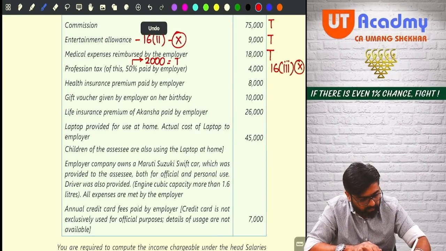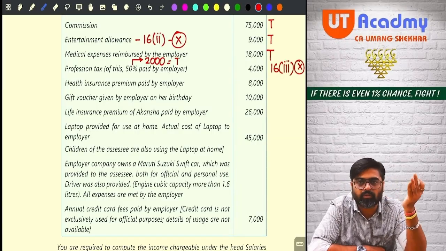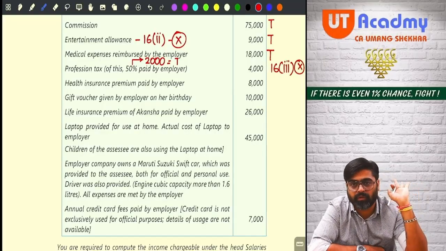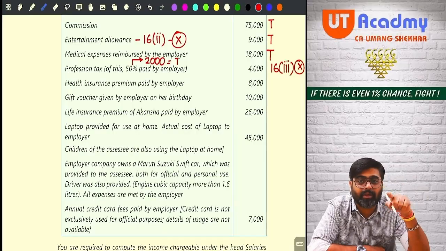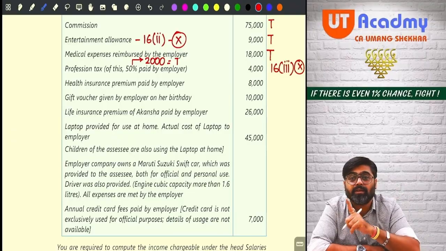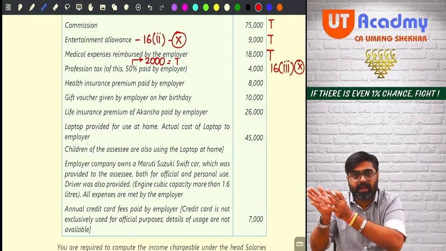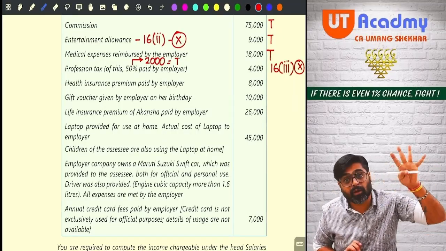What effect? Only 2,000 will be taxable. That's it. So that 4,000 which you would get as a deduction under 16 clause 3 will not be available because you are following 115BAC. Understanding? But at your home, when you will be solving this question, assuming that she is not following 115BAC, then 2,000 will be taxable and you will take the deduction also under 16 clause 3 amounting to the full 4,000.